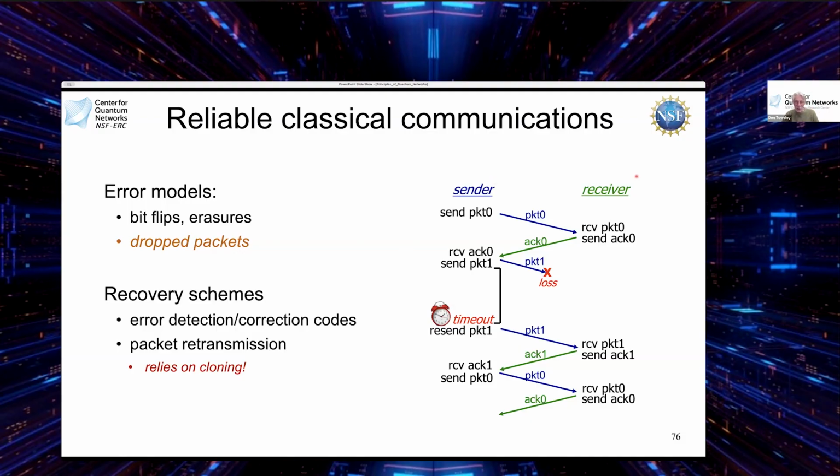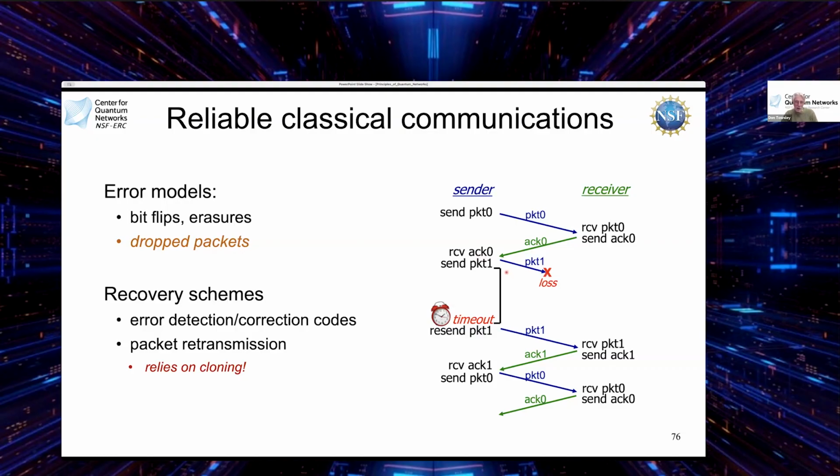Here on the right, I have a schematic of a very simple packet retransmission protocol. We have a sender and a receiver. The sender sends a packet, let's say packet 0, it's received, and the receiver sends an acknowledgement back to the sender. Once the sender receives the acknowledgement, it sends the next packet, packet 1. Let's say it gets lost, it gets dropped.